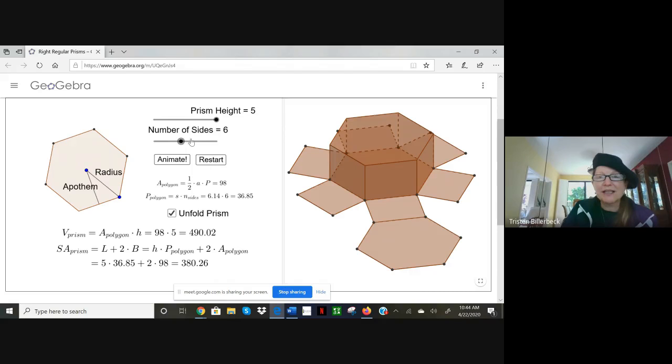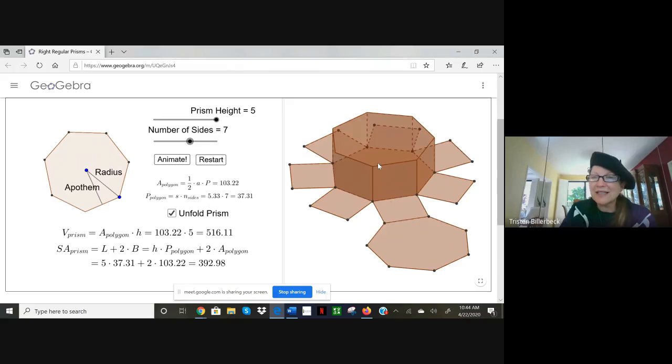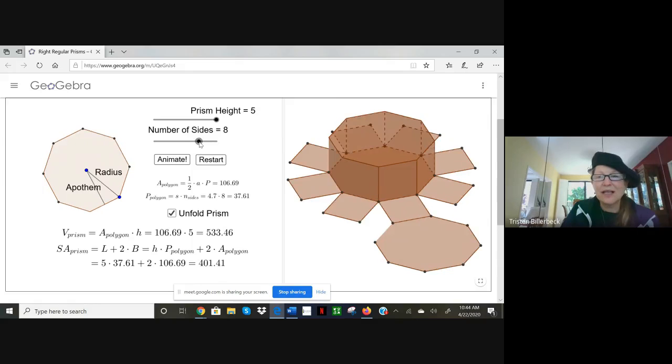And then if we had a 7, oh, there you go. Oops, skipping 7. There's a septagon or a heptagon. So, and then it has 7 different rectangles for the sides and 2 bases that are identical. An octagon, 2 bases that are the same, and then 8 rectangles all the way around.